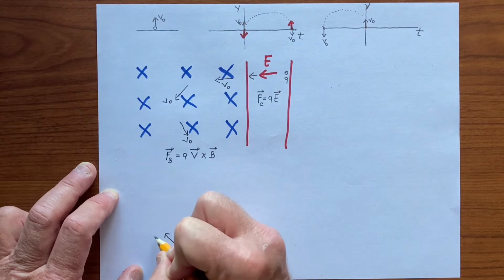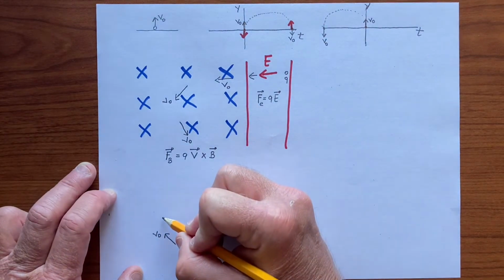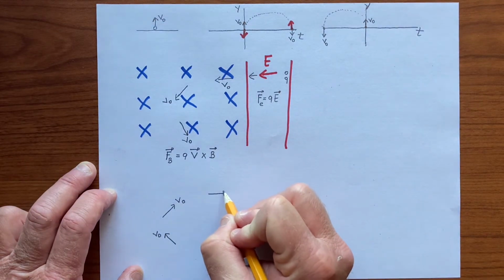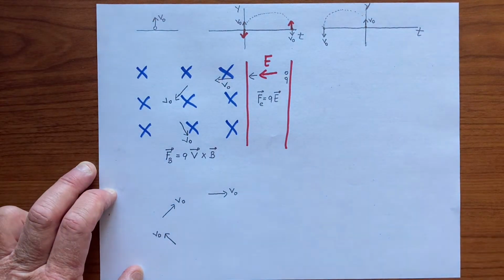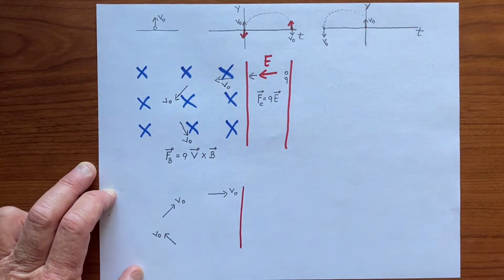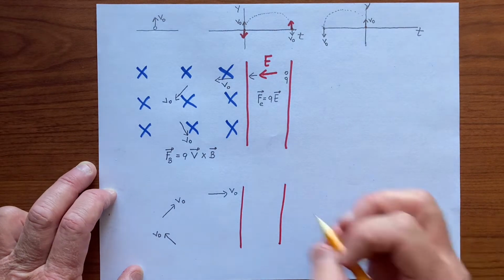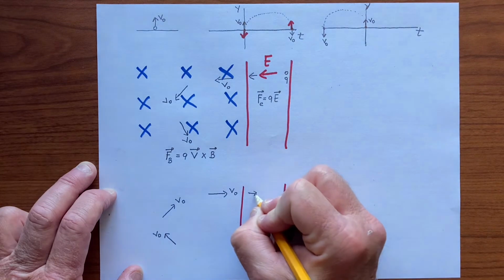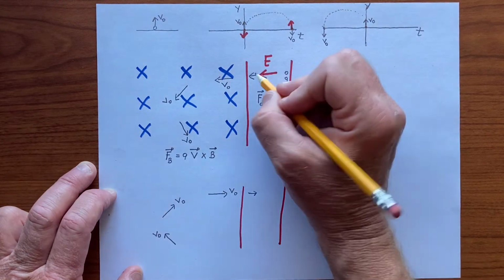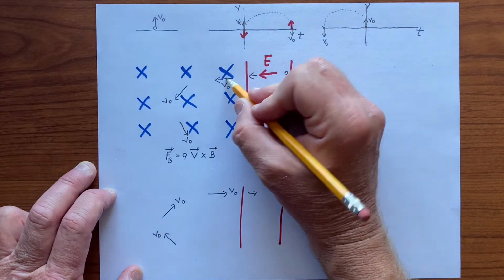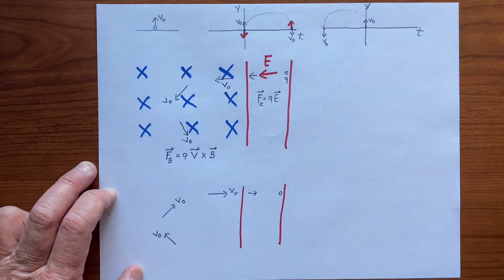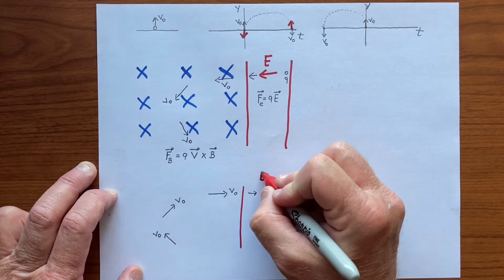So we'll get the particle behaving this way, coming over here like this, and then entering the electric field like that, and then having to slow down. So this arrow is a little bit smaller than this one, exactly like this one is a little bit smaller than this one, and eventually the arrow goes to zero and the particle comes to rest in the electric field.